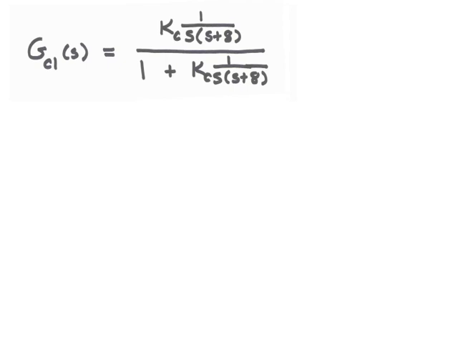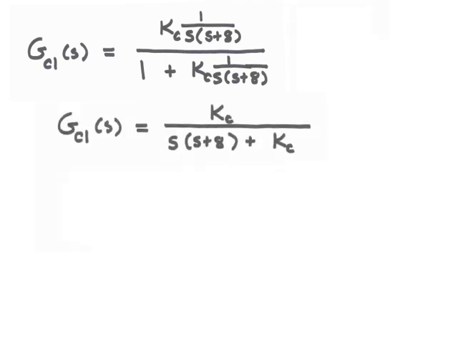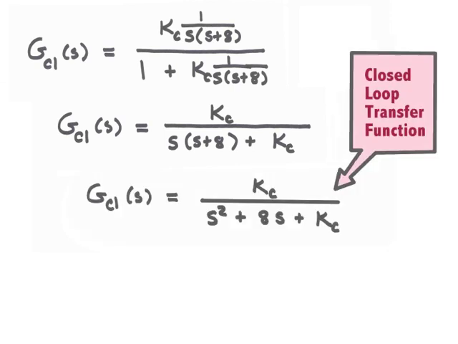We'll simply substitute P of s equals 1 over s times s plus 8 into the form we had on the previous page. And we'll find the closed-loop transfer function as GCL of s equals Kc divided by s squared plus 8s plus Kc.